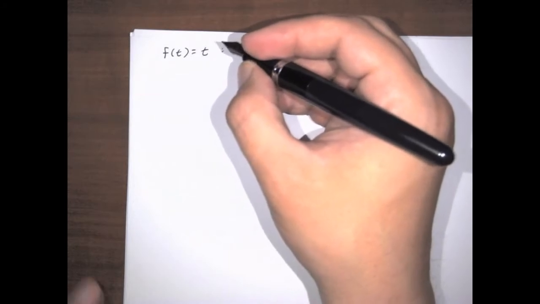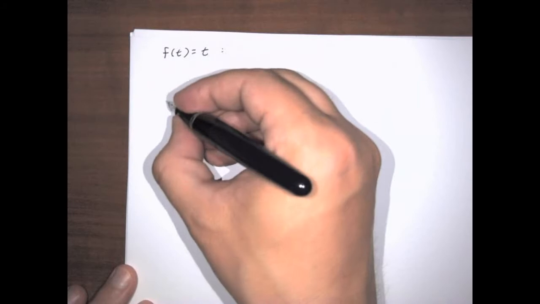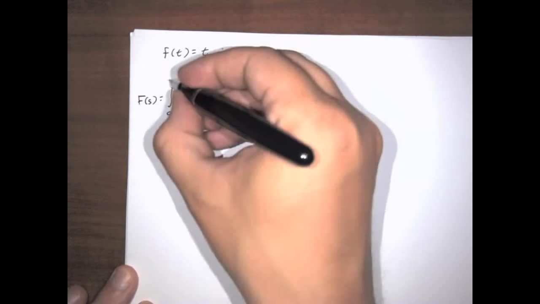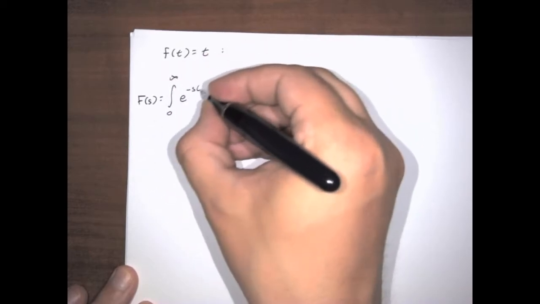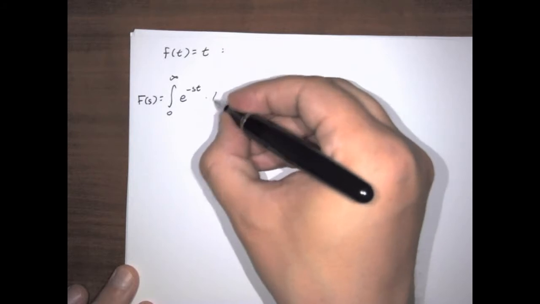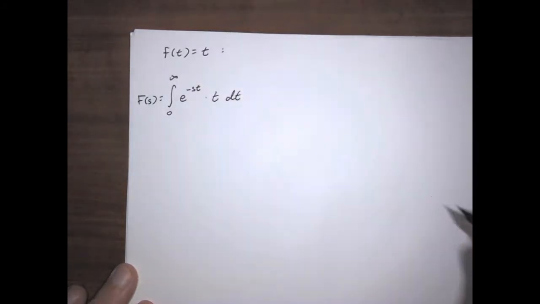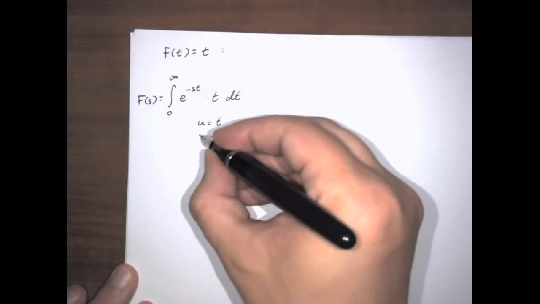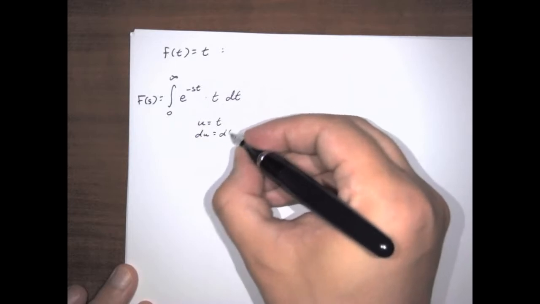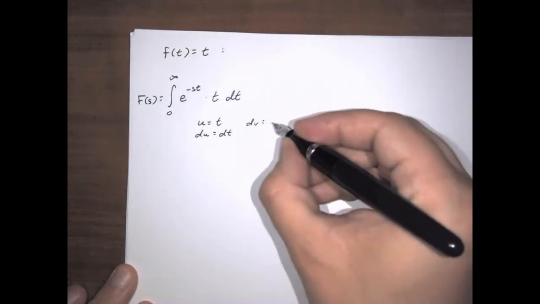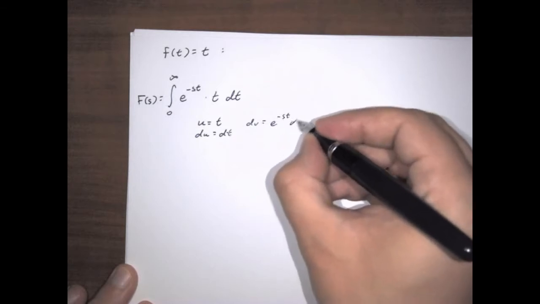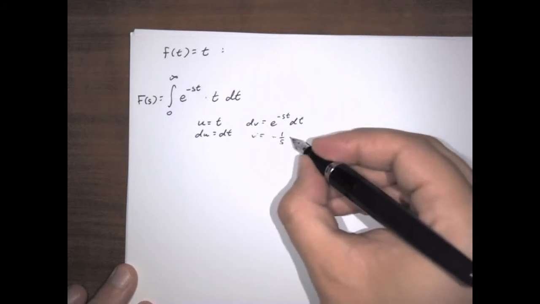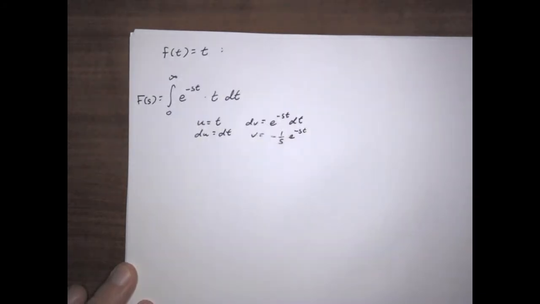And so what we're going to have here is f of s equal to the integral from 0 to infinity, e to the negative st times t dt, which is going to be a case of integration by parts where we're going to have u equals t, making du equal to dt. dv would have to be the e to the negative st dt, which then would make a v of negative 1 over s e to the negative st.